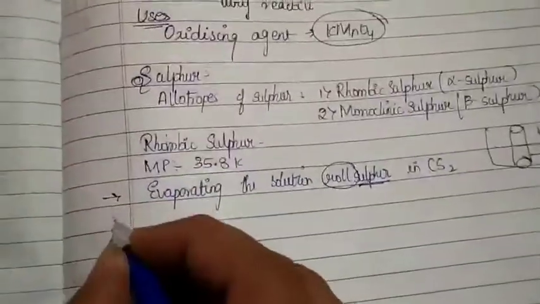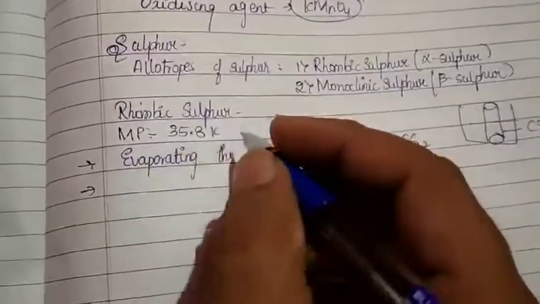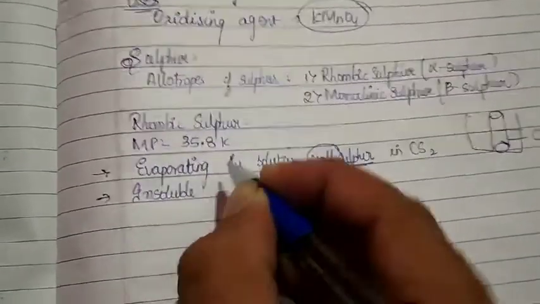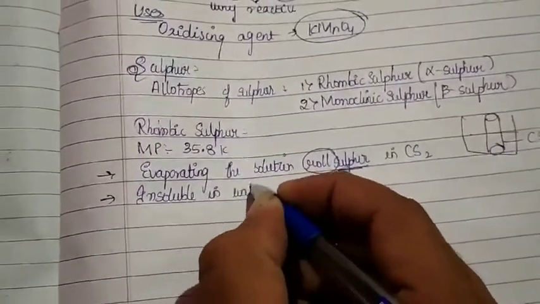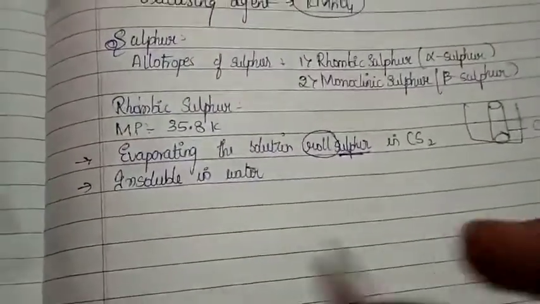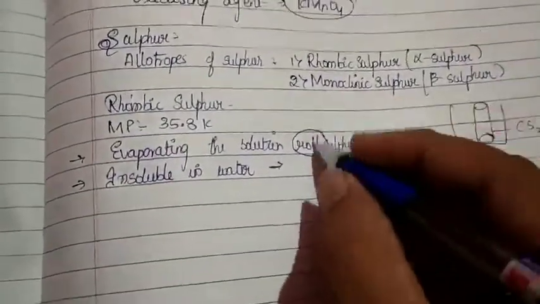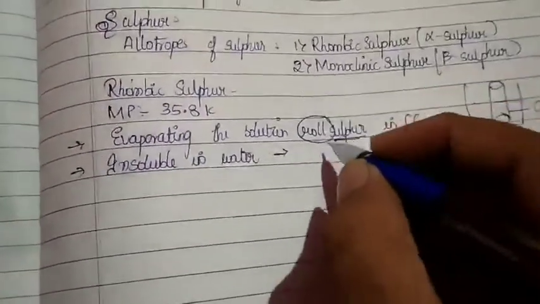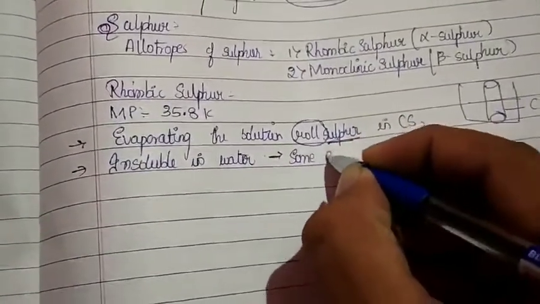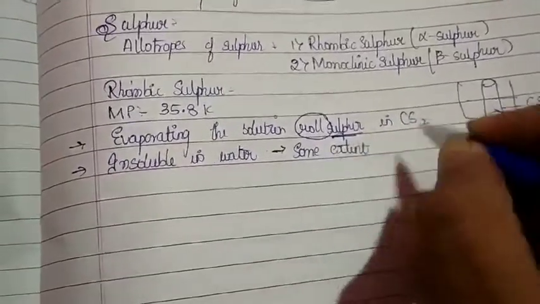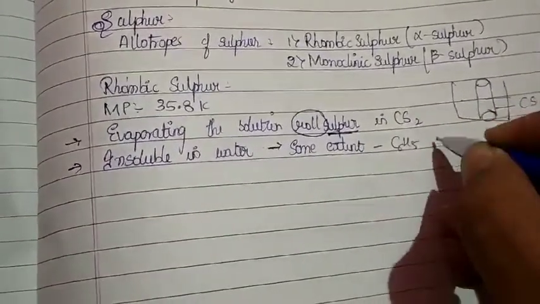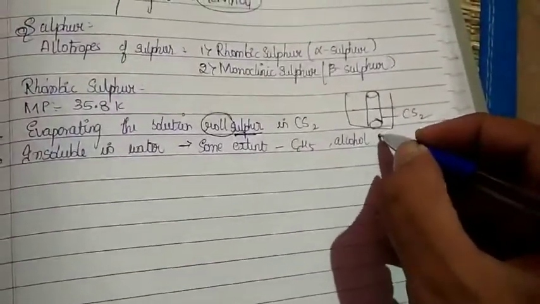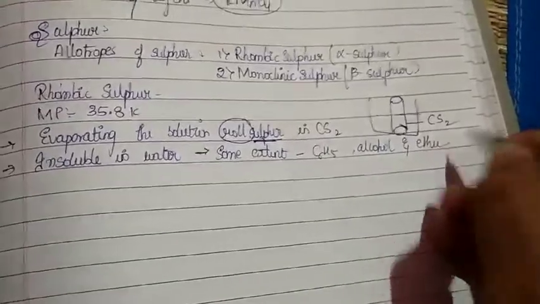Okay, coming to the next property, its solubility in water. Remember, your rhombic sulphur is insoluble in water. But do remember, to some extent they are soluble in your benzene, alcohol and ether.